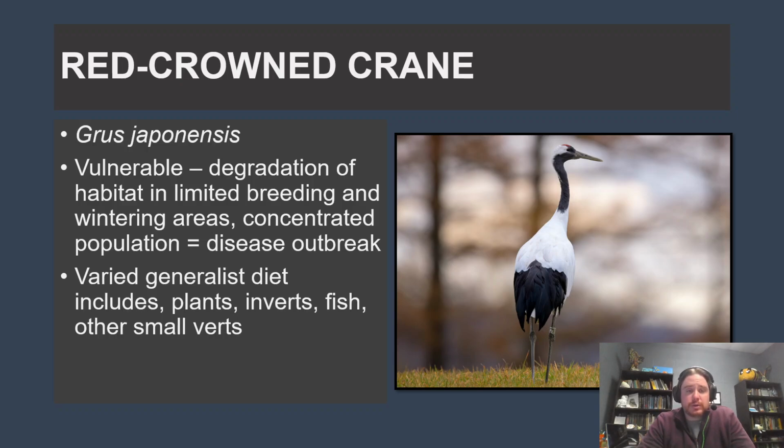And the red-crowned crane, Grus japonensis, is a vulnerable species susceptible to degradation of habitat in their very limited breeding range and in their wintering areas. And they have a particularly difficult time because they have, in their wintering areas in particular, very concentrated populations.